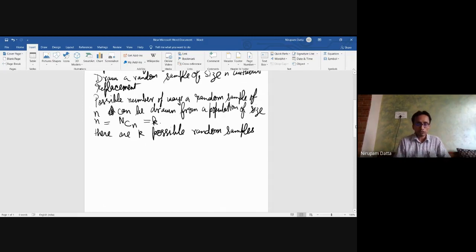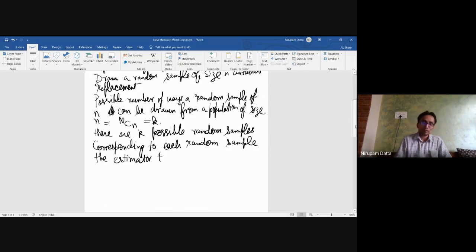Now corresponding to each random sample, the estimator T, which is the sample mean, gives the sample mean.